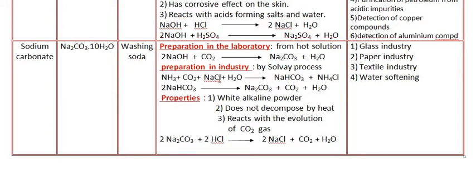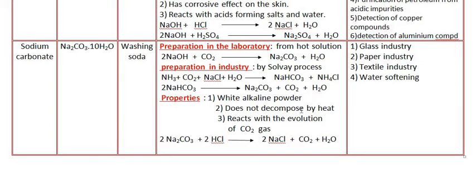This mixture, when put together and pressed, reacts to form sodium bicarbonate NaHCO3 and ammonium chloride NH4Cl. And sodium bicarbonate NaHCO3, when heated, decomposes to form sodium carbonate Na2CO3, carbon dioxide CO2, and water H2O.